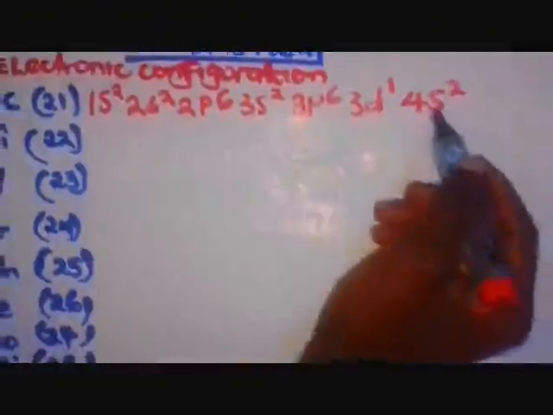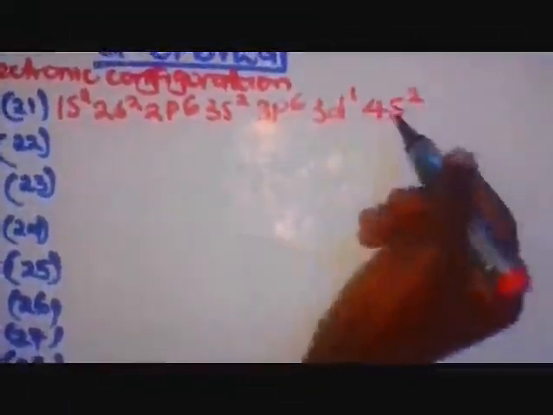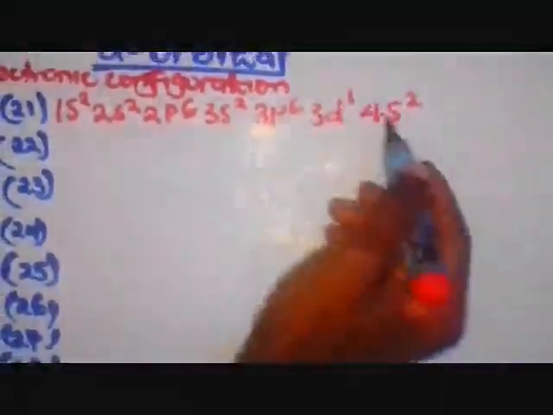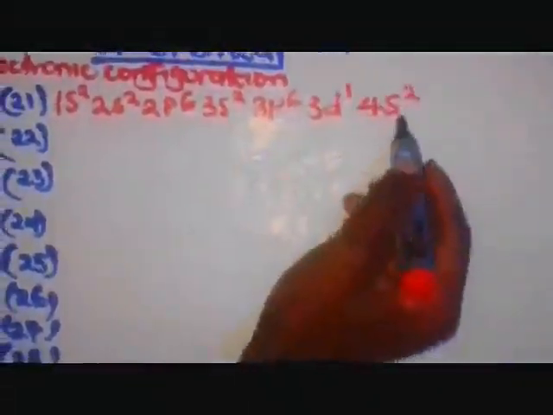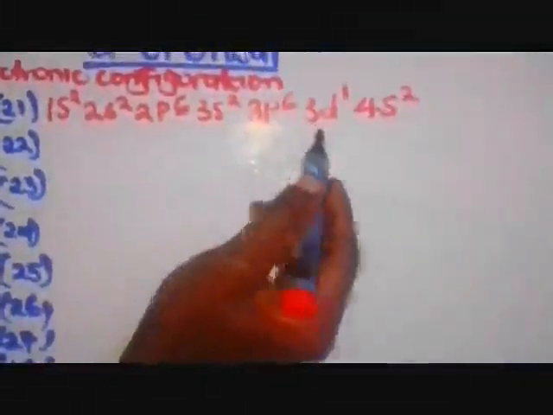But again, we are disobeying that part of the Aufbau principle. Why? When we come to ionization energy, you will discover that the s sub-energy level can easily give away its electrons because it has lower ionization energy compared to 3d. To bring out the idea that electrons can easily be given away from the s than the 3d, we disobey what the Aufbau principle said, and instead put the 3d first, though 3d must be last.